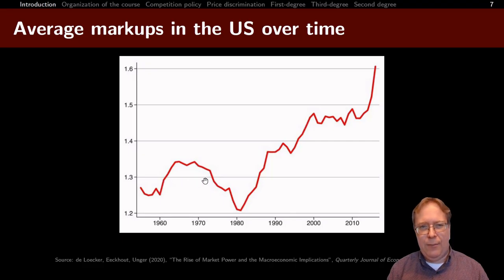It used to be stable at around 1.3, fluctuating around that a little bit, but starting in the mid 80s, the ratio went up and stayed stable around 1.45 in the early 2000s, but since 2010 it has increased again. So this graph suggests that yes, indeed, market power is a problem, since it seems that firms are increasingly able to set prices above marginal cost.